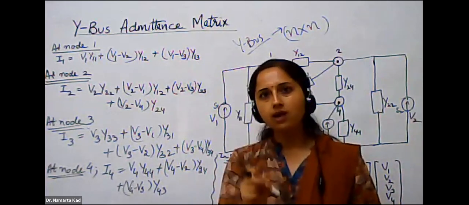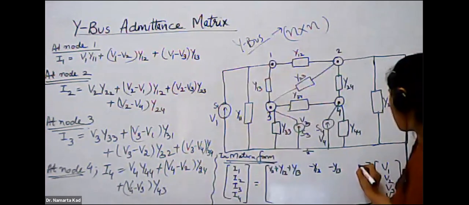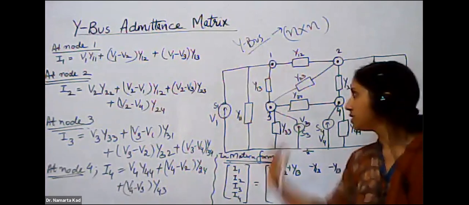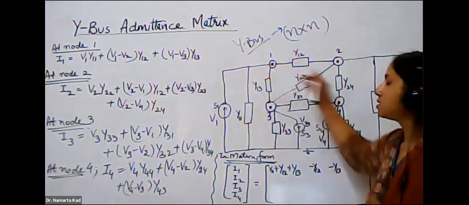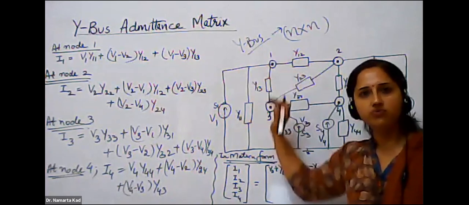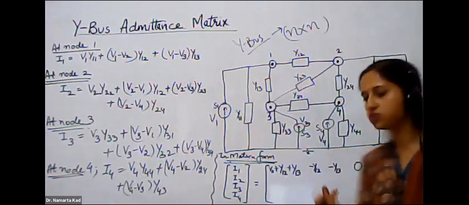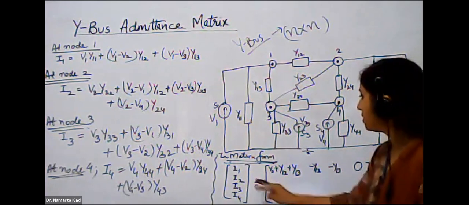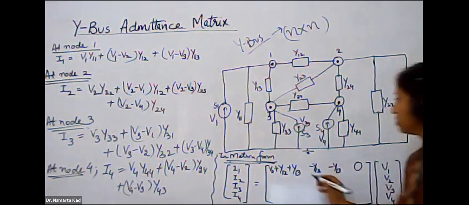So that element in the matrix remains 0. So that's why I have not inserted any transmission line between 1 and 4, just to observe the readings. When there is no connection between any two buses, that element comes out to be 0.